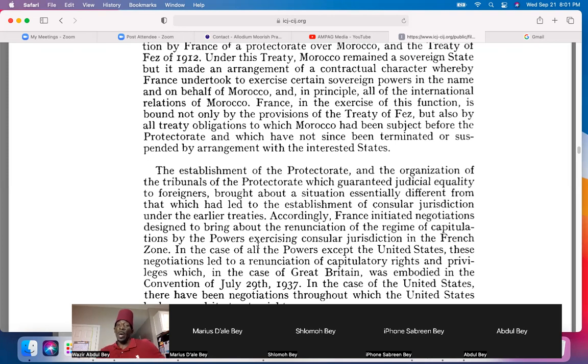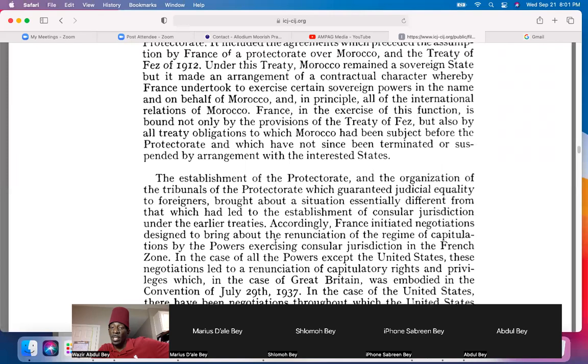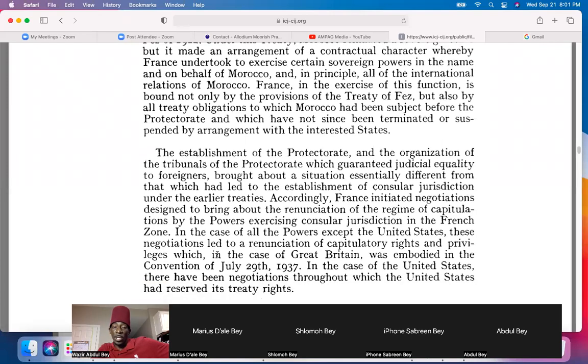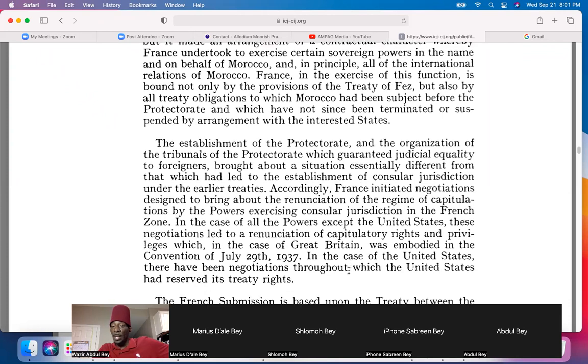In the case of all the powers except the United States, these negotiations led to a renunciation of capitulatory rights and privileges, which, in the case of Great Britain, was embodied in the Convention of July 29, 1937.